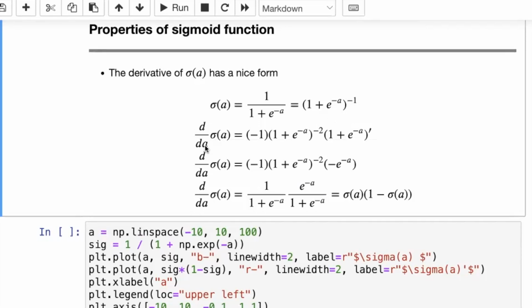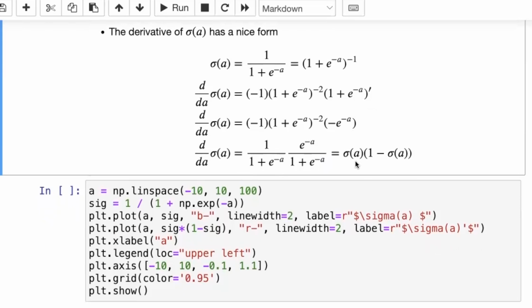Once you take its derivative with respect to its input, which is a, and you simplify this, you can see that the derivative can be written as the sigmoid function times 1 minus the sigmoid function at that point a.